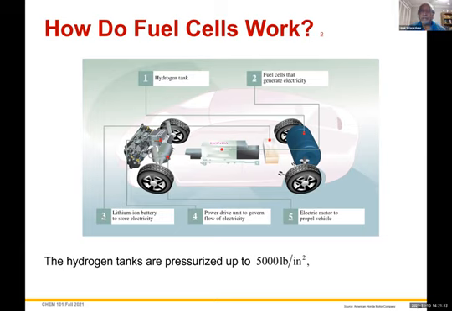The hydrogen is stored in this tank. Fuel cell is in the middle, the dark place. In the middle here, fuel cells. And the hydrogen tank is on the back.